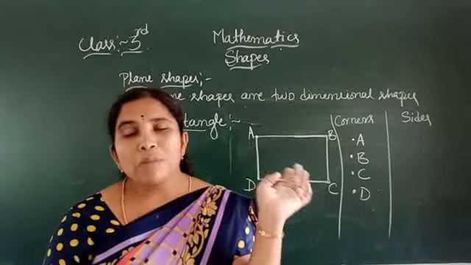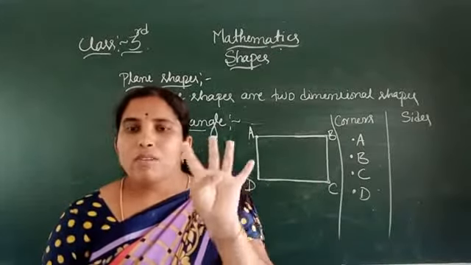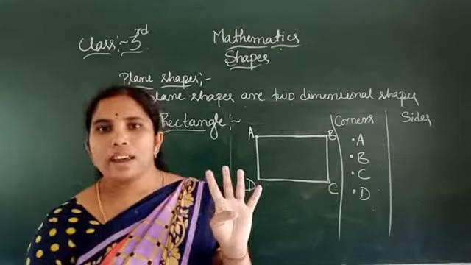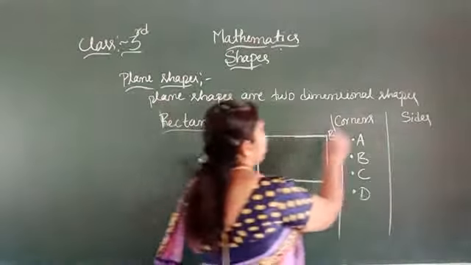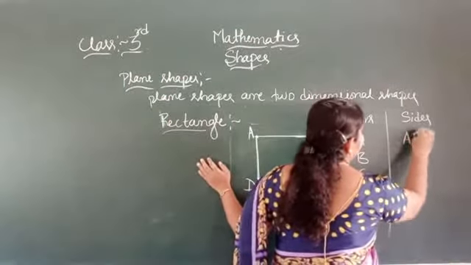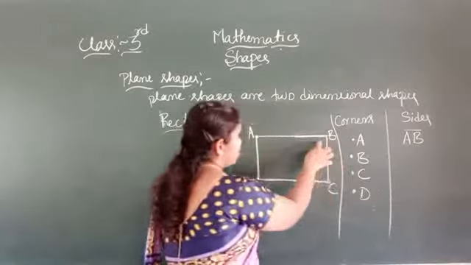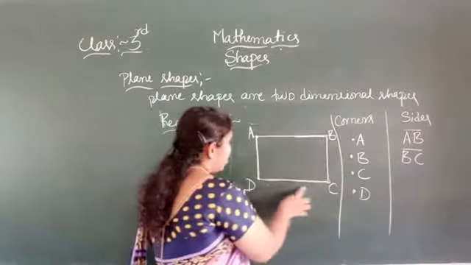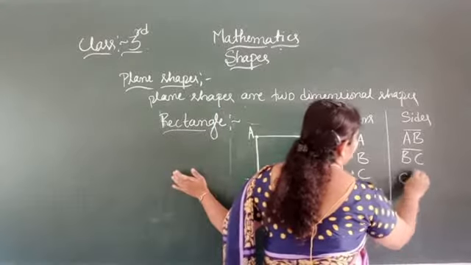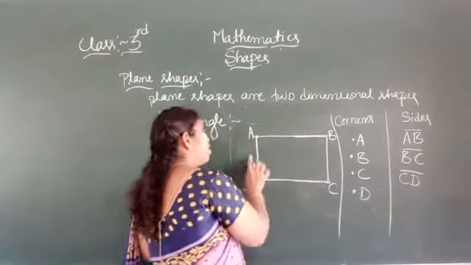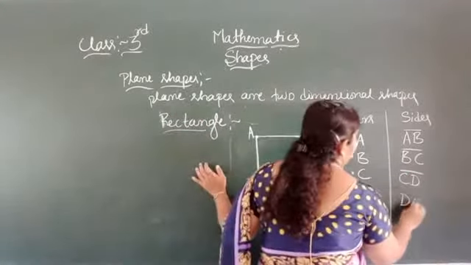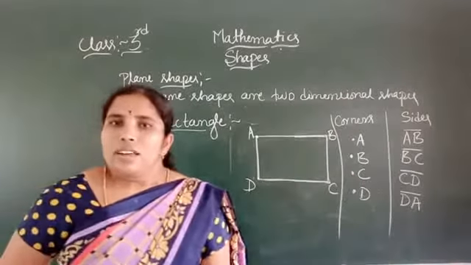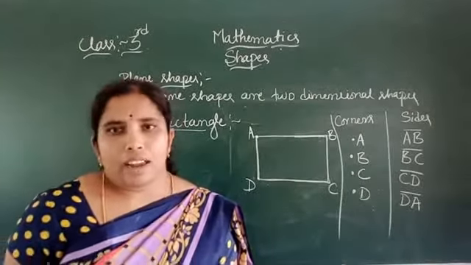So there are 4 sides: one is AB, another is BC, then CD, then DA. These 4 are the sides of a rectangle.